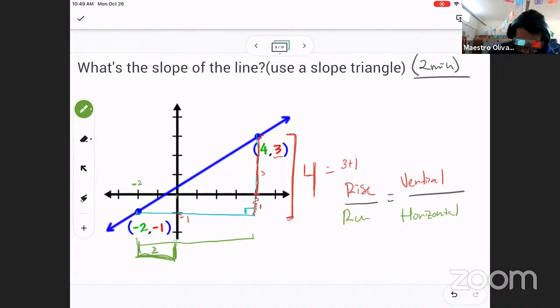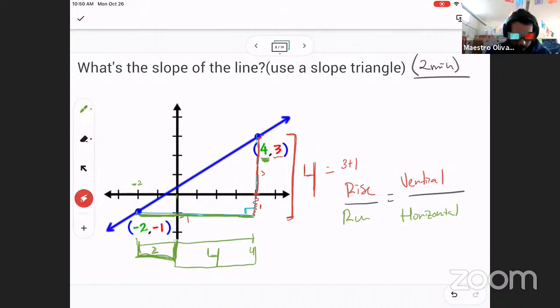And between 0 and 4, this distance is 4. I'm breaking up the distances into the negative and the positive components so you can see why we add the two numbers together.